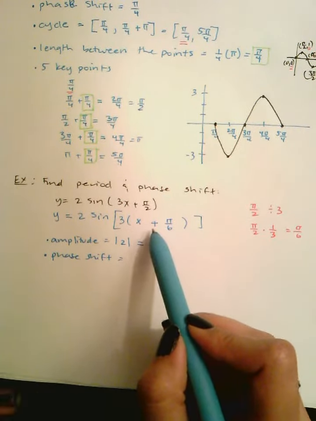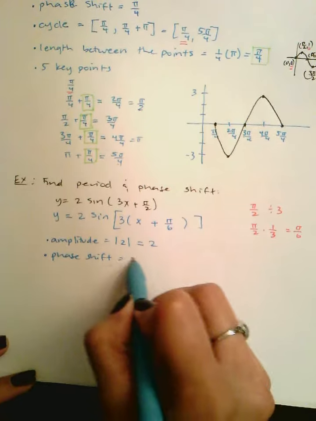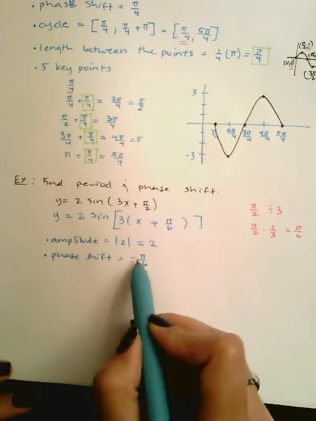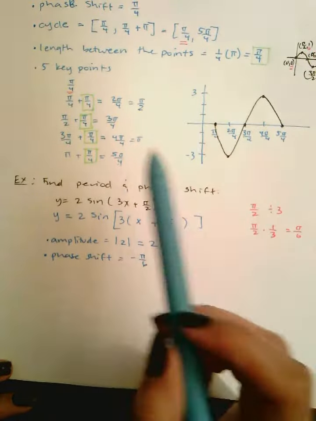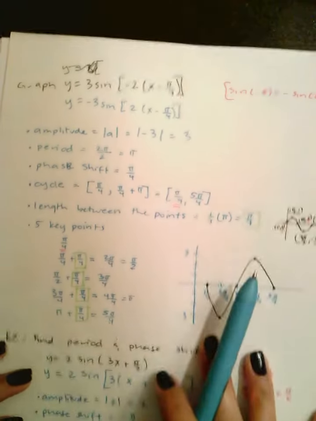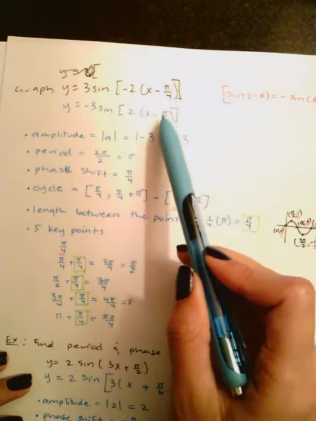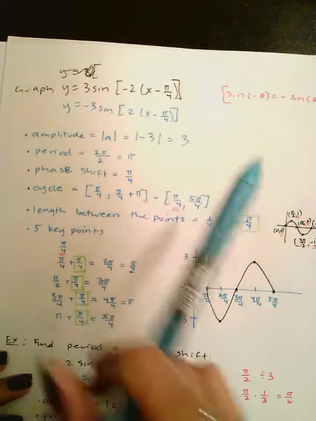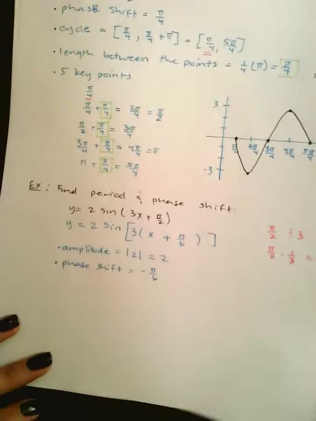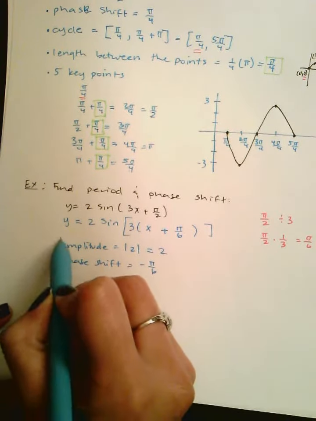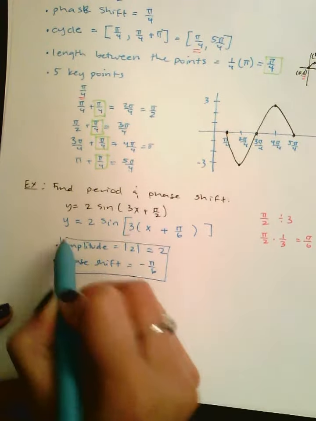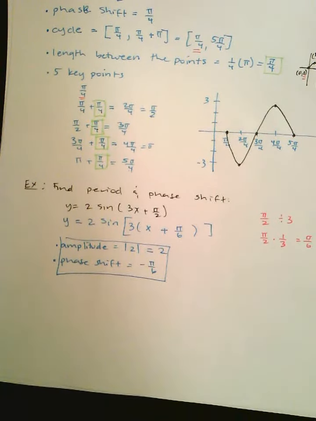So the opposite of positive pi over 6 is negative pi over 6. This is telling me that this function goes back by pi over 6. A phase shift of pi over 4, again the opposite, tells me it's going to the right by pi over 4. So the amplitude is equal to 2, and the phase shift is equal to negative pi over 6.